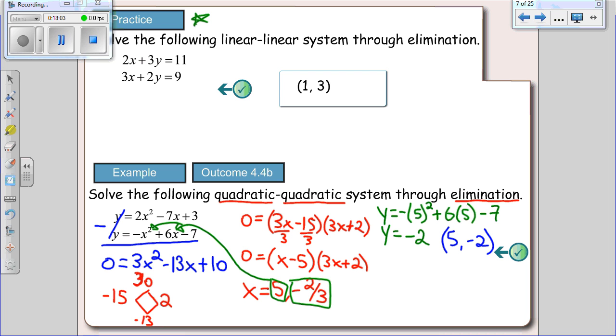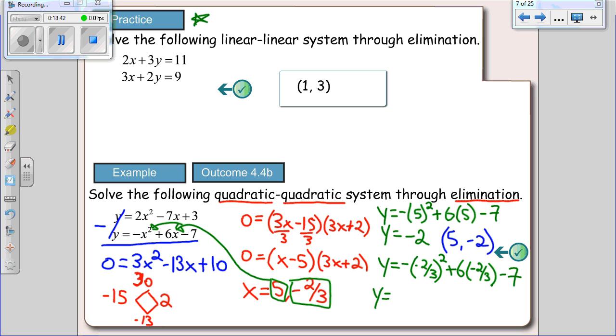Okay, we now have to do it again. So we substitute the negative 2 over 3 in. And we have negative 2 over 3 squared plus 6 times negative 2 over 3 minus 7. Again, we're going to punch that thing into our calculator. So we've got negative bracket 2 divided by 3 squared plus 6 times negative 2 over 3 minus 7.